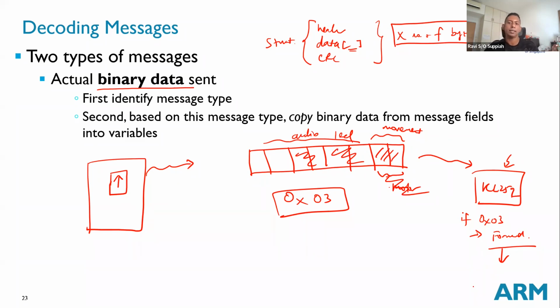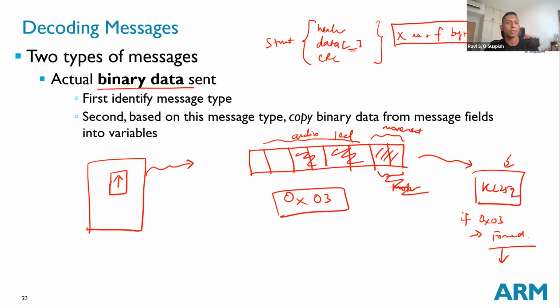Or I can say that I just send the movement that I'm supposed to complete, and then the rest of the decision can be made within the KL25Z. So there are different ways you can go about planning this message passing approach.